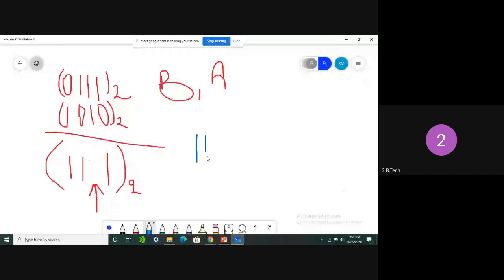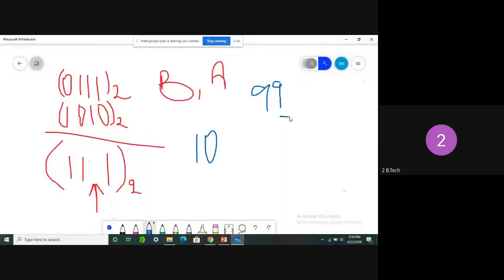If you take a normal decimal number, 9 plus 7, can you do the addition here? 9 plus 7, what is its value? 16.